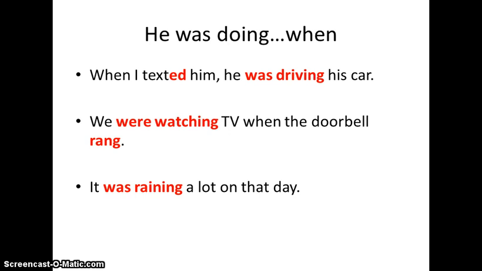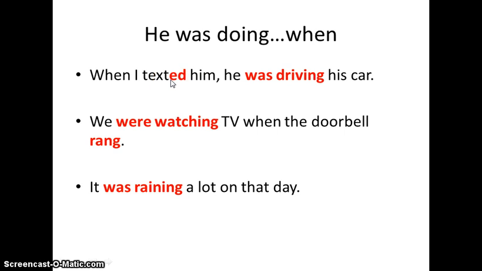When I texted him, he was driving his car. We were watching TV when the doorbell rang. It was raining a lot on that day. Now you can see in the first two sentences that you find "when" each time. So you have two events, and the one in the part of the sentence where you can find "when" is in the preterite.